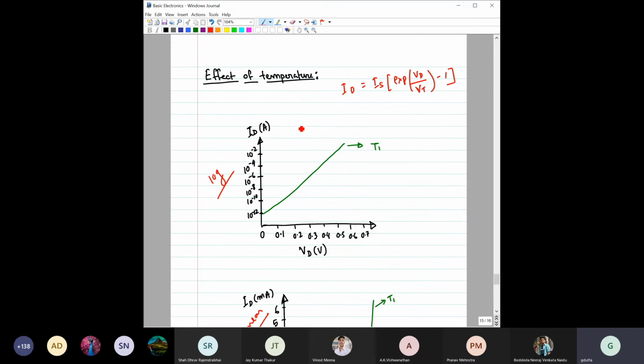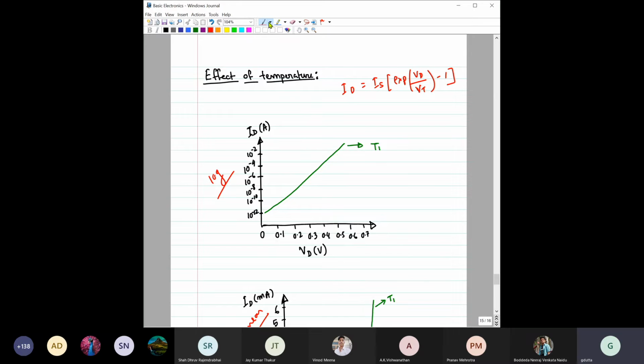So what will happen if you increase the temperature, say from T1 to T2? Suppose for T1 the characteristics is like this. To make it a bit correct, I should make a small gap here, because it cannot be at Vd equal to 0, where its value has to be 0.